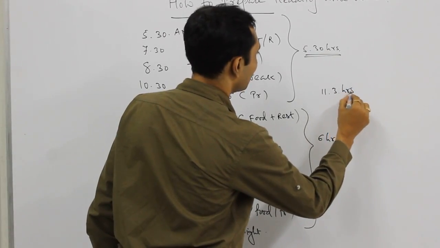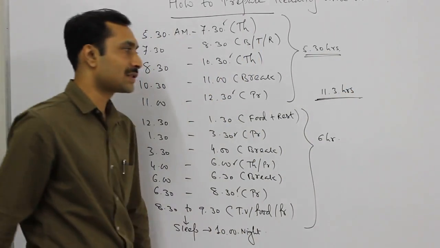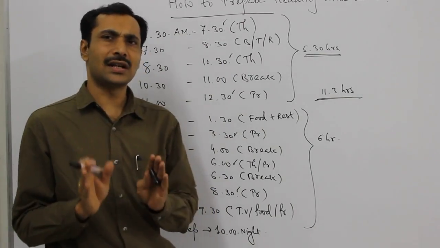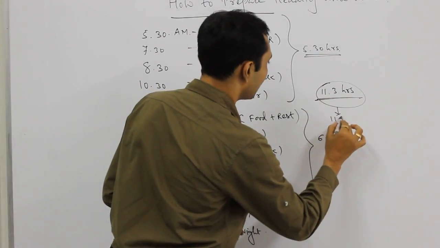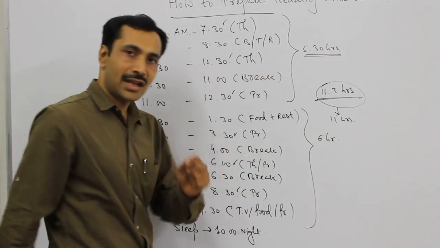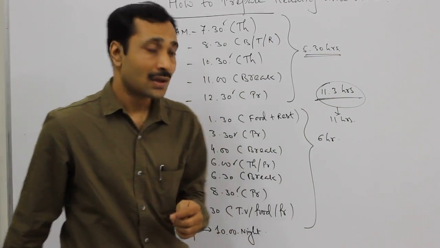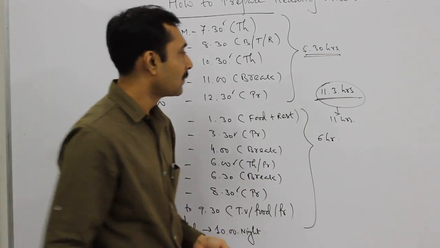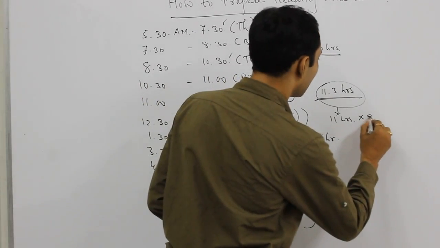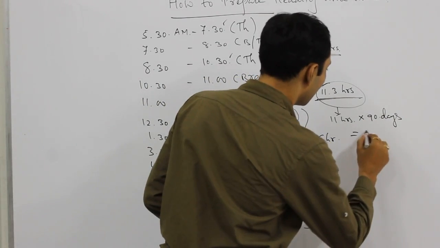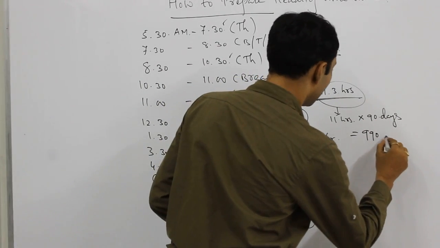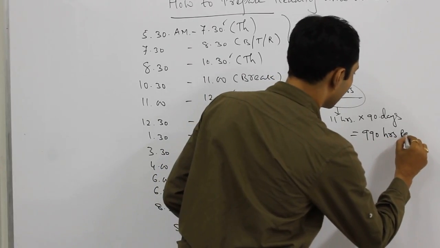So effectively, by making a plan, you can read almost 11.3 hours, or you can say 11 hours and 30 minutes. There is a little deviation, so effectively I am rounding this off to 11 hours. And if you prepare in the same fashion for 3 months, that means 90 days, you will have 990 hours of reading.